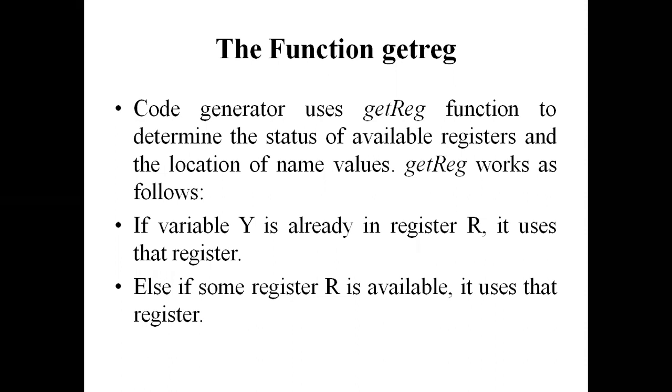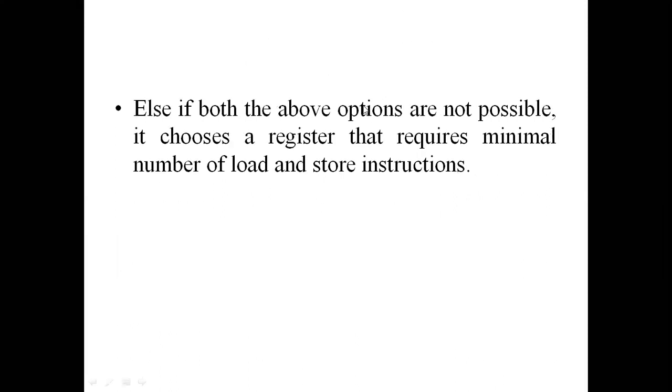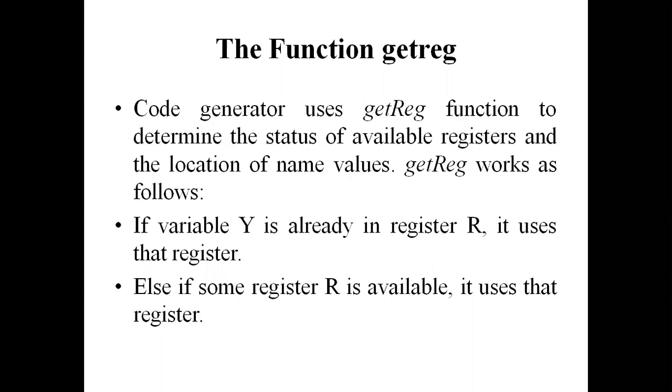Else, if both options are not possible, then we need to choose a register that requires a minimal number of load and store instructions. These three are the most important steps for the working of the get register function.